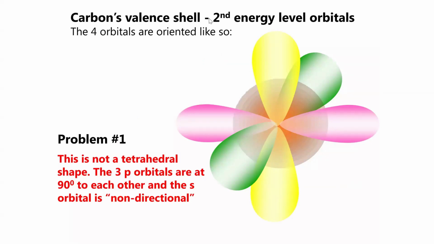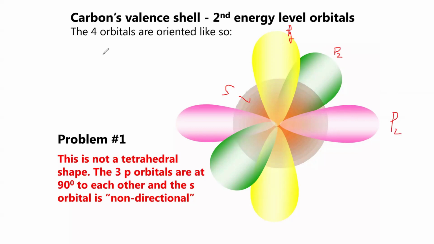Of course, this spherical one is the s, and then this one here is our px, and this one that is vertical is our py, and this one is our pz. So this is how they look.